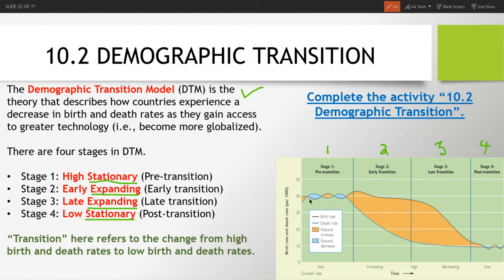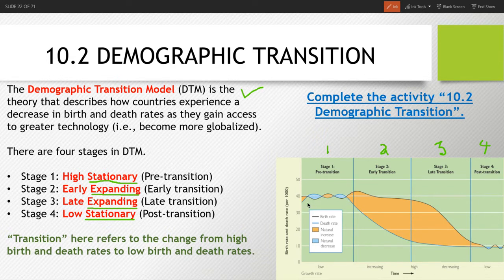The birth rates are indicated here by this black line, which we'll trace along here, and death rates are this blue line. So we'll notice here in stage 1, both of those lines, even though there's fluctuation from one to the other, a little bit higher, a little bit lower at times, are more or less similar.